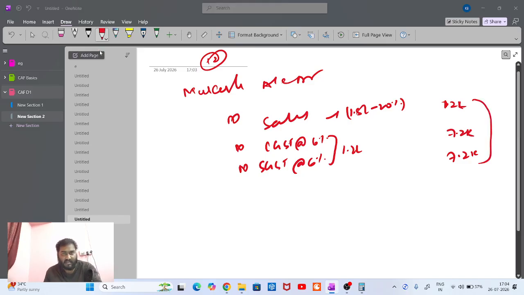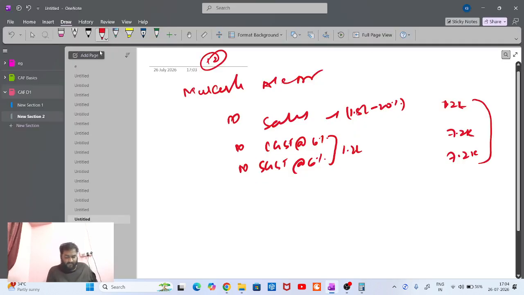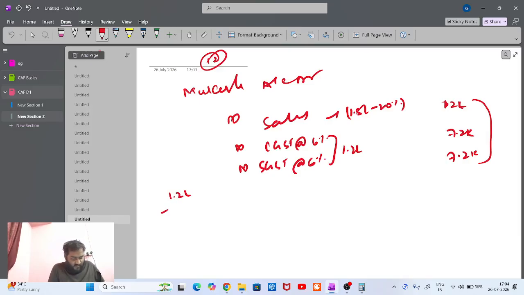Now, this is the point that is most important. Note this. Out of the amount due, 60% is received, out of which 3/4 is received by cheque. The amount due is 1.2 lakh plus 14,400.